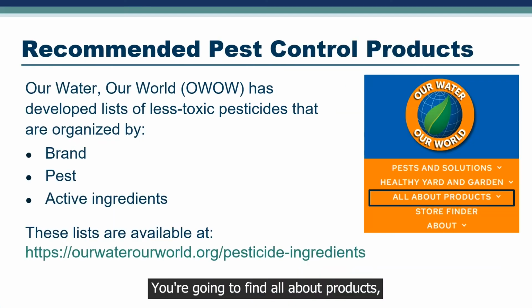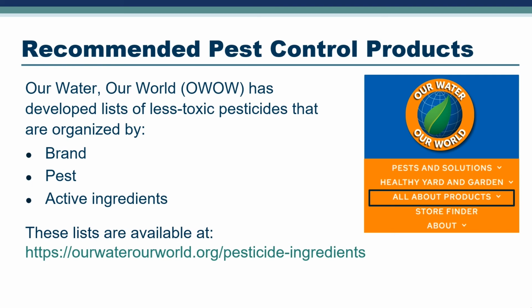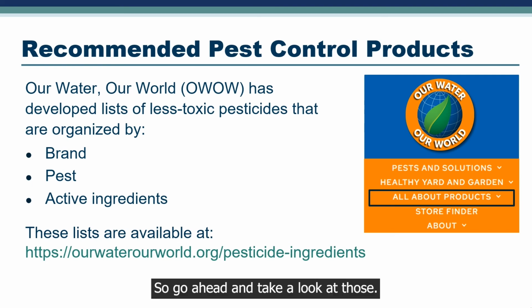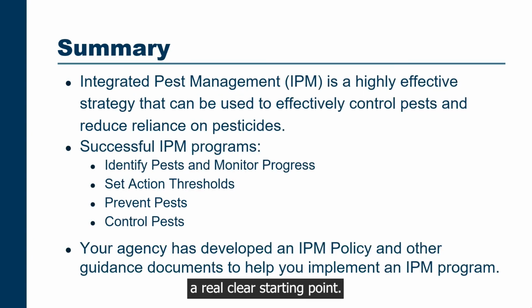You're going to find all about products, and there you have less toxic options that are meant to target the problem at hand, and they are organized by brand, pest, and active ingredients. So go ahead and take a look at those. I think they're also alphabetical, so they're easy to use, and they're going to give you a real clear starting point.